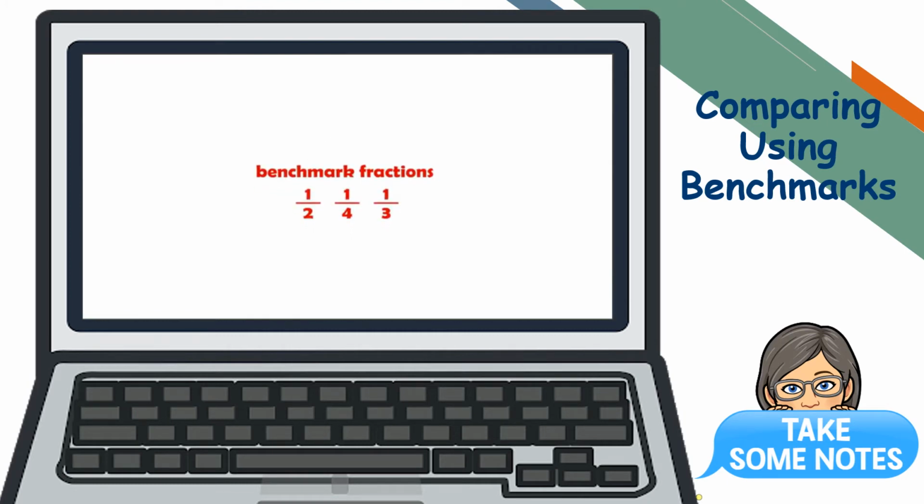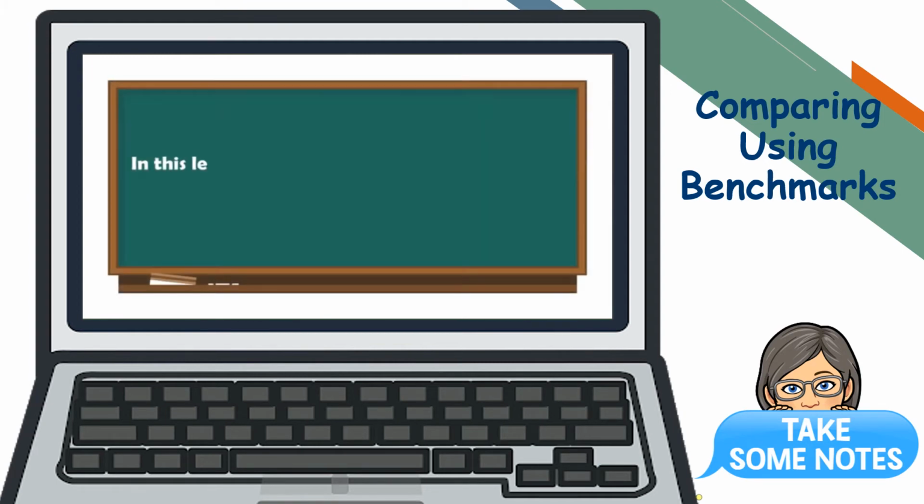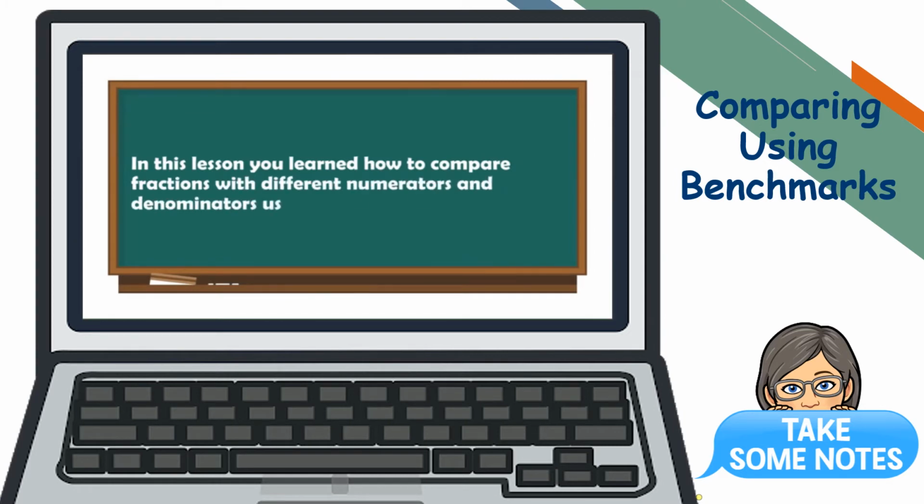So benchmark fractions work as reference points that provide a way to evaluate and compare other fractions. In this lesson, you learned how to compare fractions with different numerators and denominators using the benchmark fraction 1/2.